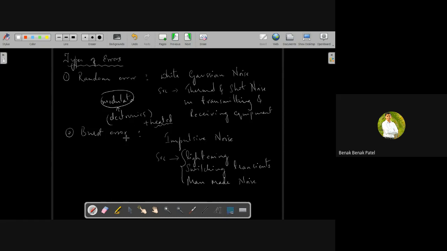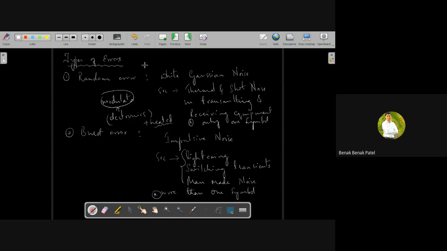It has the name burst error because it might affect more than one symbol. Whereas a random error affects only one symbol, a burst error occurs over more than one symbol.